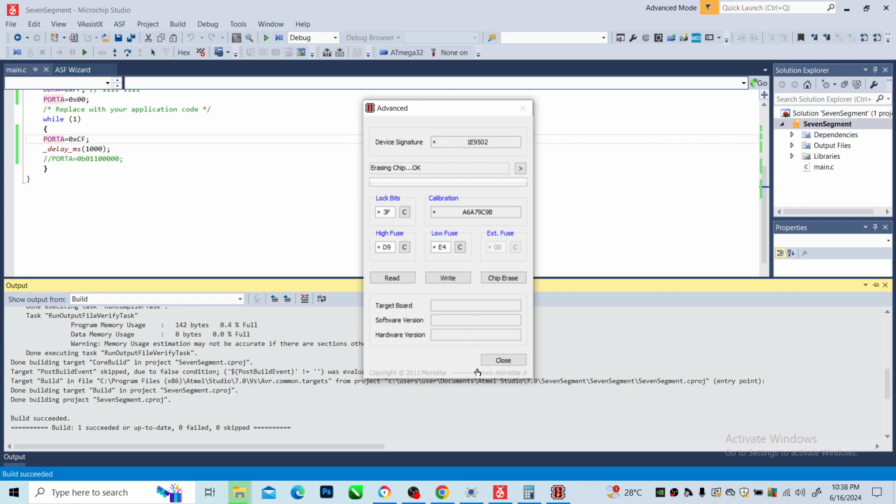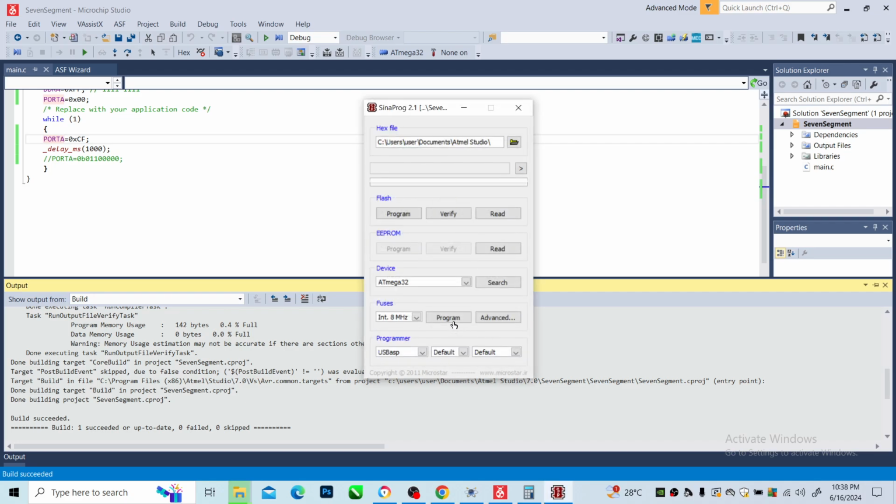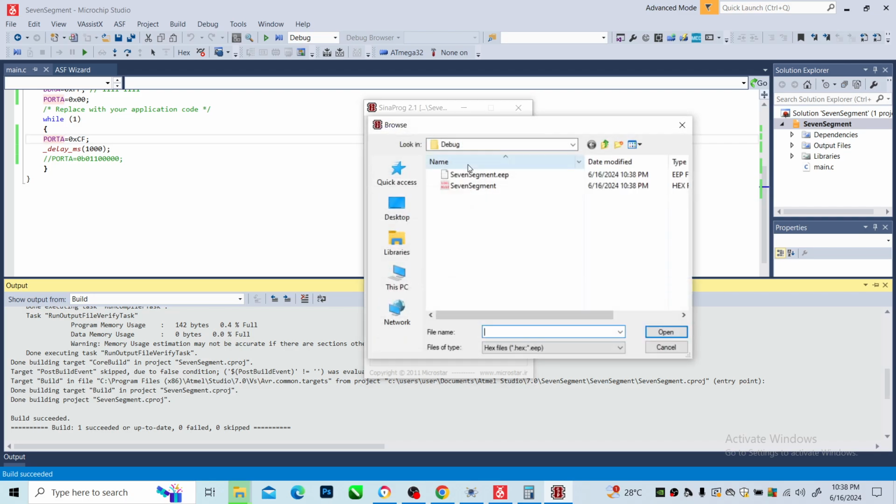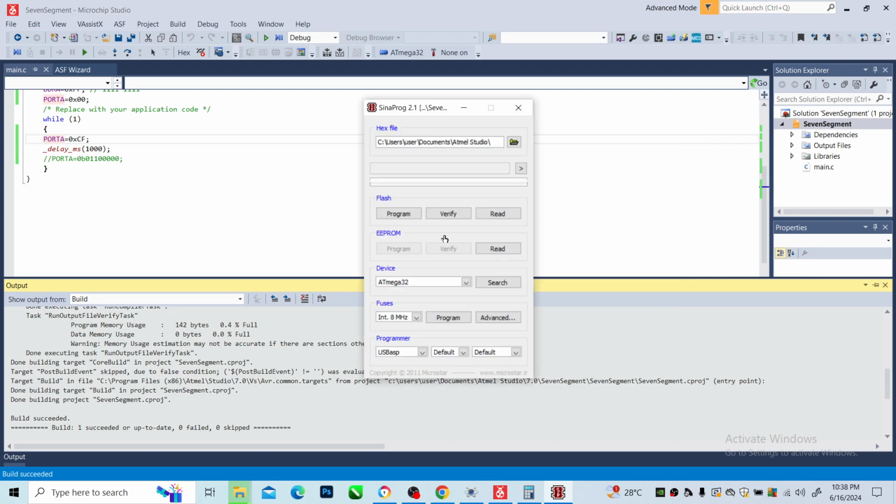Then I program the fuse back, pick the same segment, drop it here and do program.